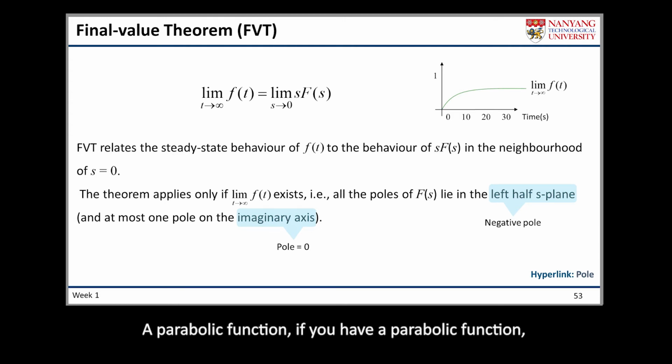A parabolic function will go to infinity when time approaches infinity. So that kind of function doesn't have a final value, because when time approaches infinity, the function will go to infinite value as well. But in this particular example, this function has a final value.